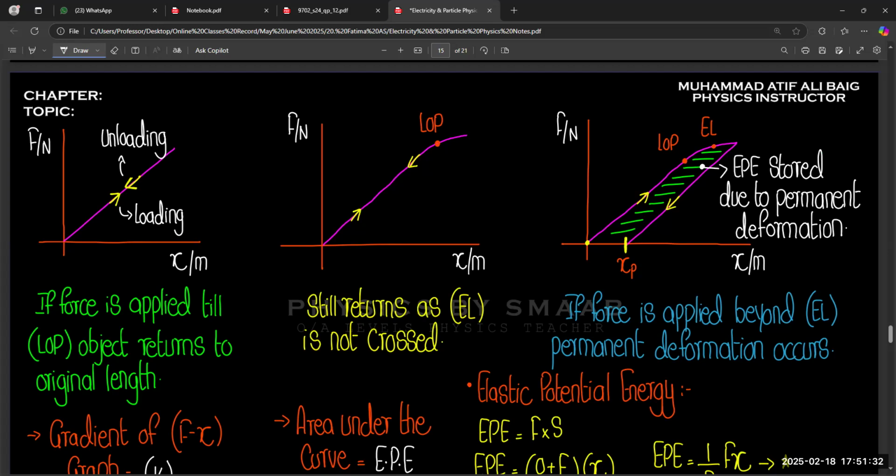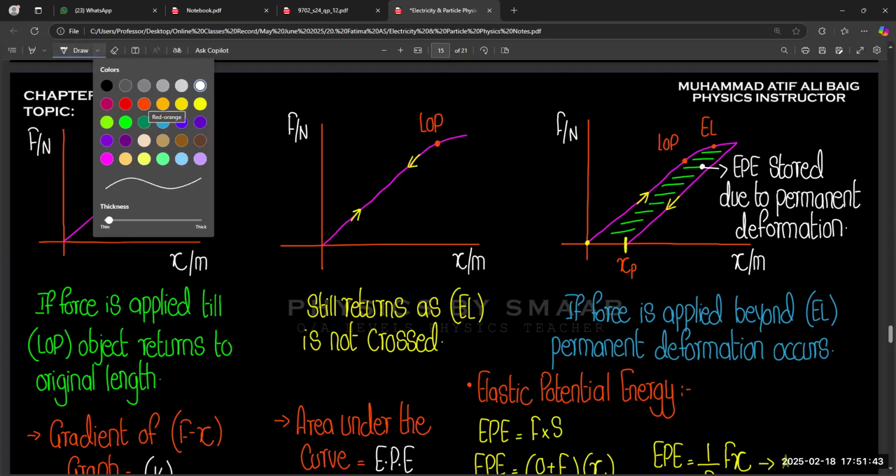Permanent deformation means this type of energy is the amount of energy that is lost in the form of heat. So it is the lost form of energy.